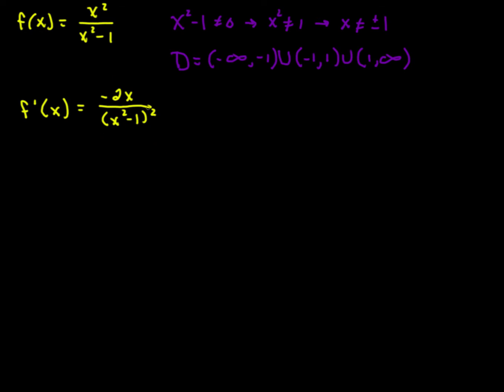And our critical values will be when this is 0 or doesn't exist. Well, the places where it doesn't exist are exactly outside of my domain, plus or minus 1. So my critical value will just be 0. But I will have to take into account plus or minus 1 when I do the sign graph. So my critical value is just 0.